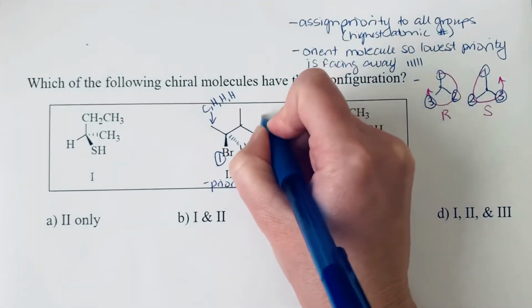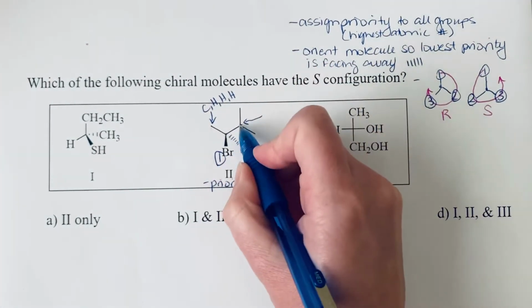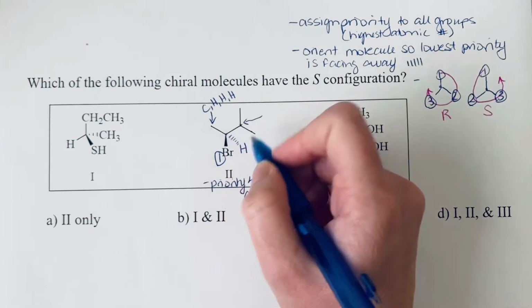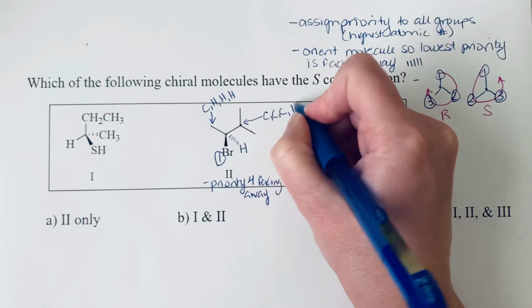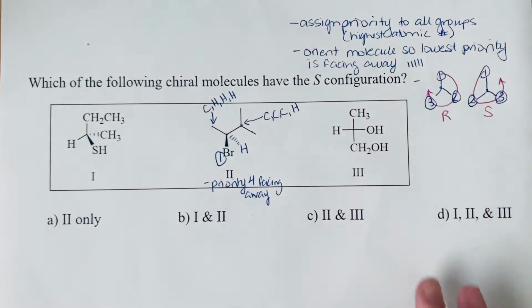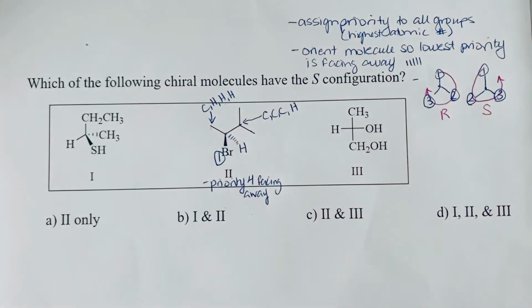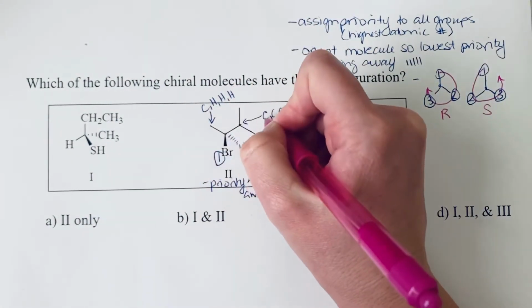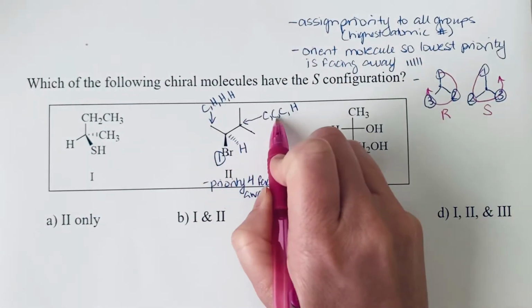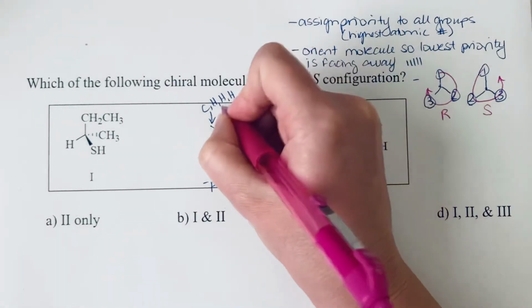Okay, and if I look at the next carbon atom, I have 1, 2, 3 bonds to carbon, and then a bond to hydrogen. And so I've listed these in decreasing atomic numbers so I can directly compare and see where I hit a point of difference. So carbon, carbon, hydrogen, carbon. So this side is going to take priority.